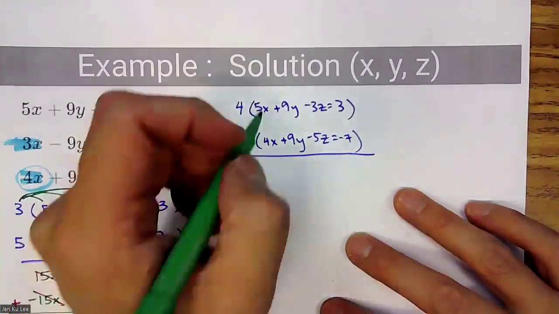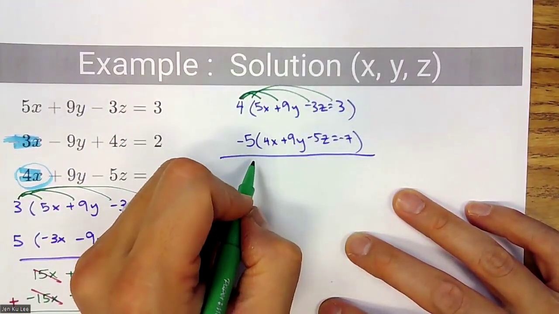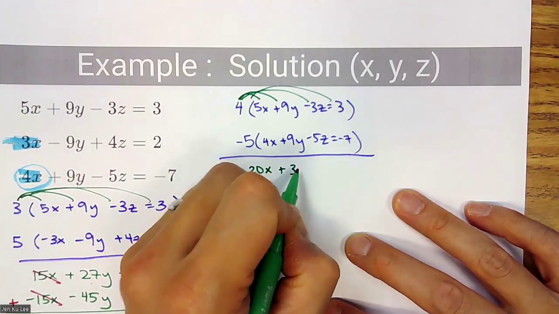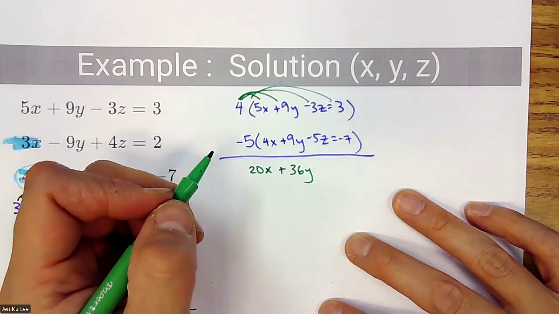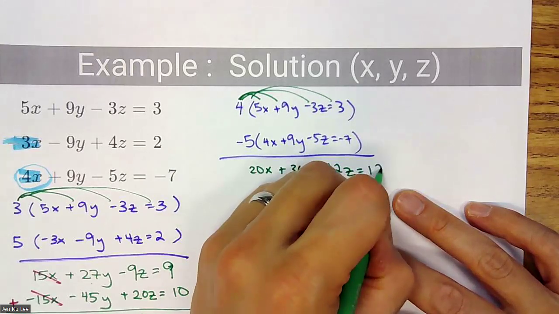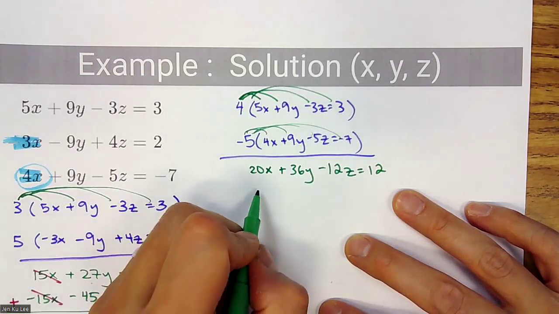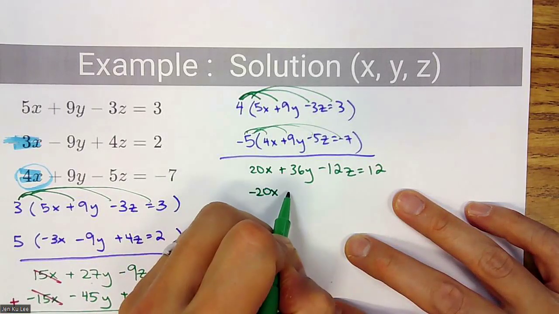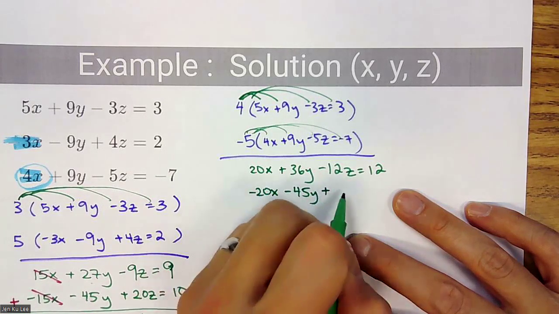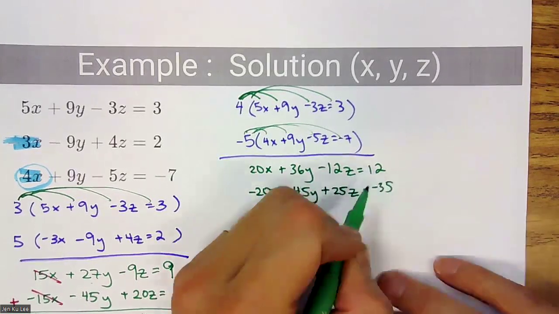Okay, doing this math, distributing out the 4, I get 20x plus 36y minus 12z equals 12. Distributing out the negative 5, negative 20x minus 45y plus 25z equals negative 35.